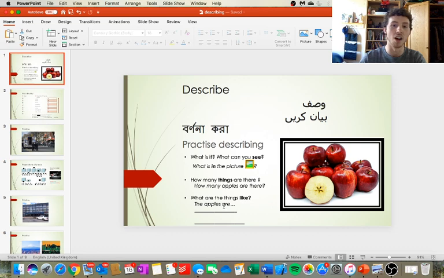So the apples are red. The apples are... Can you think of any more words?